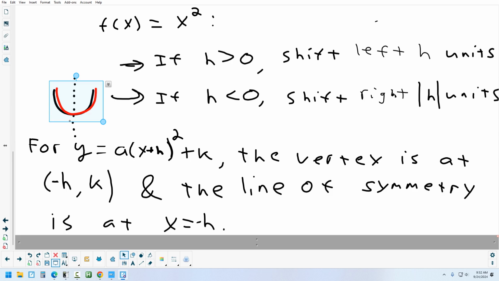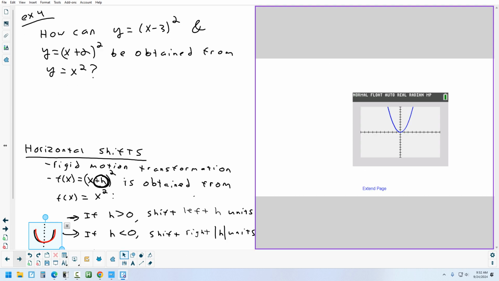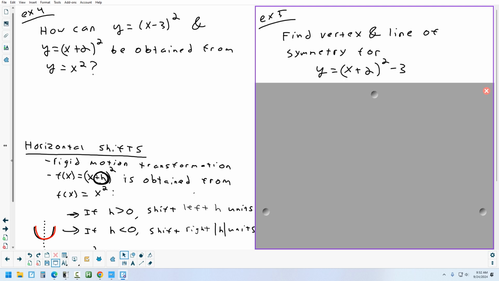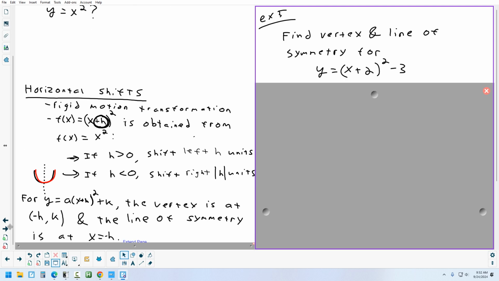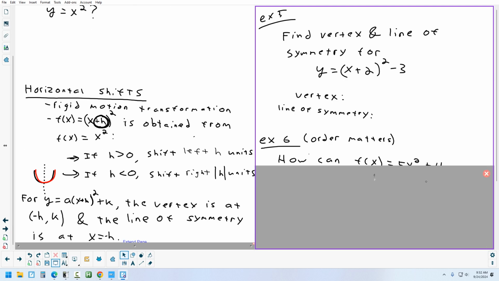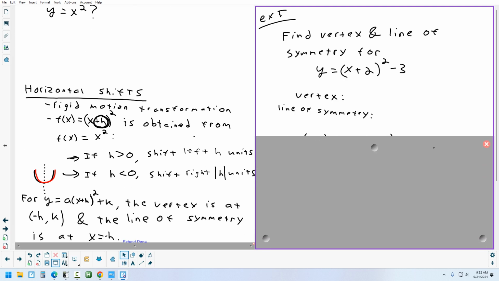All right, so let's look at a problem and see if we can figure out the vertex and the line of symmetry, and I will leave the formula on the board. To figure out the vertex, what I usually do is I don't even remember the formula. I just think of the two transformations in my head.